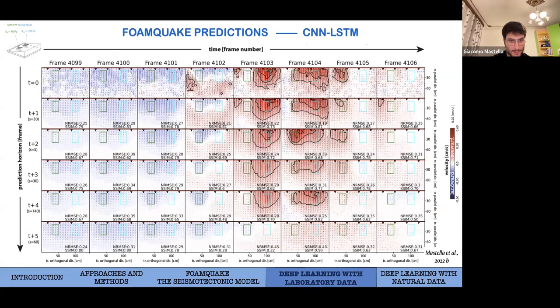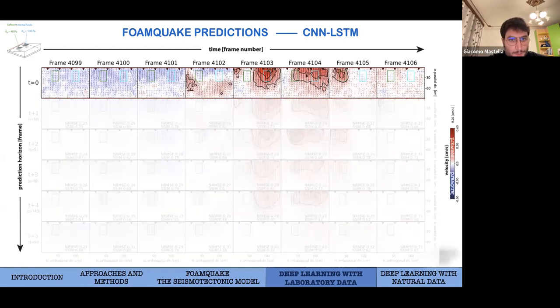But let's visualize the predictions that we obtain with our deep learning architectures. Here I represented the predictions obtained with the CNN LSTM architecture for a FOAMQUAKE experiment. Let's try to read this plot. Along the x-axis there's the time, so the frame number.